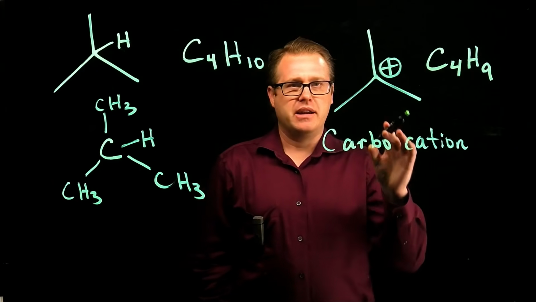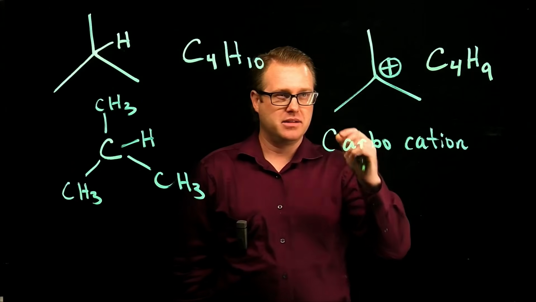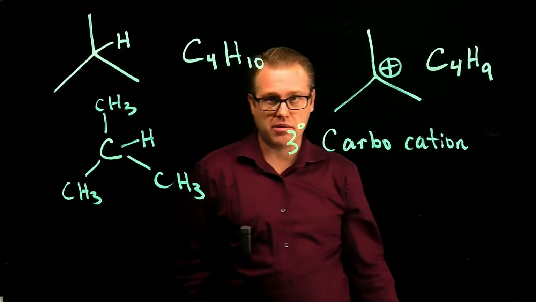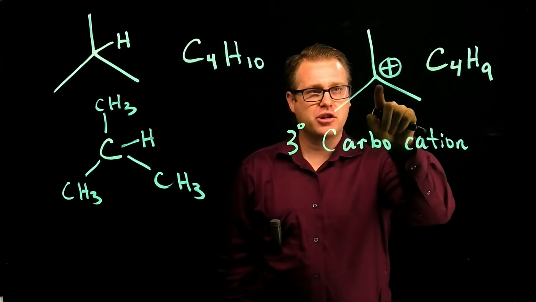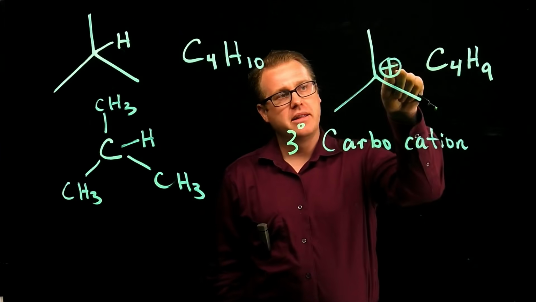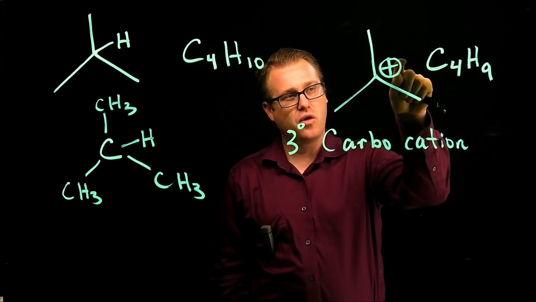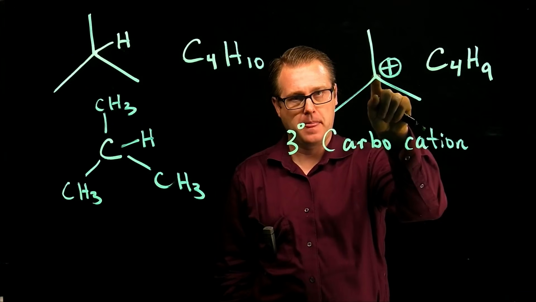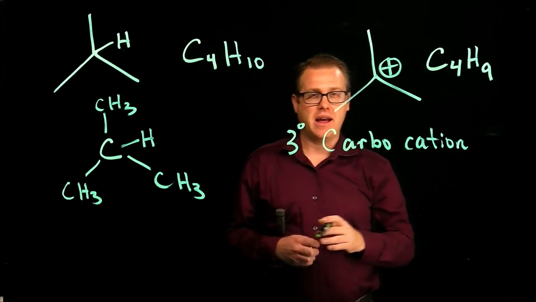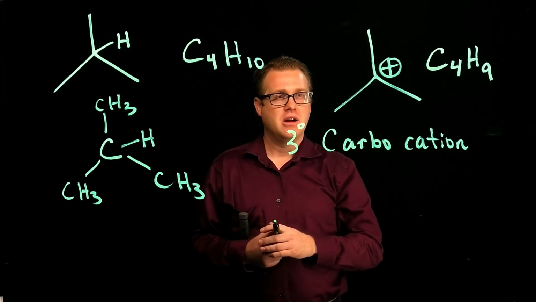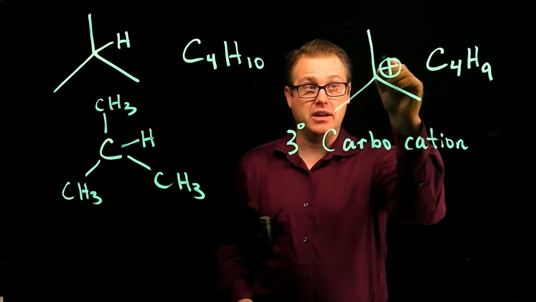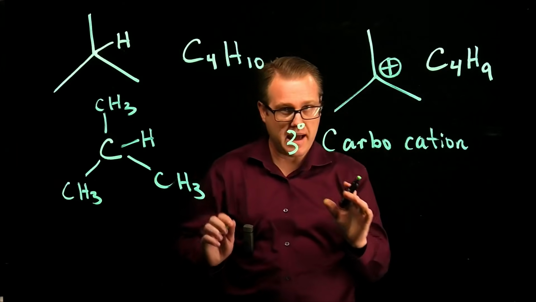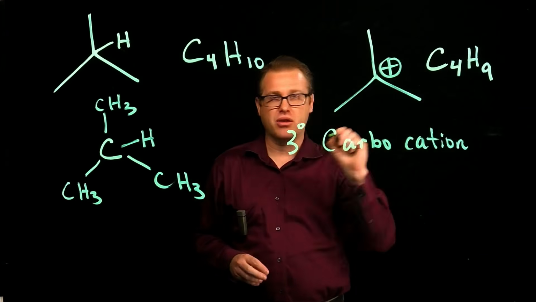Now, there are different types of carbocations. This carbocation is a tertiary carbocation. And tertiary carbocations are where this positive charge, or this formal charge, is attached to this center carbon. And whenever I draw a formal charge, I circle it. So if it's a positive 1, a positive 2, negative 1, negative 2, it doesn't matter what the charge is, I circle it.